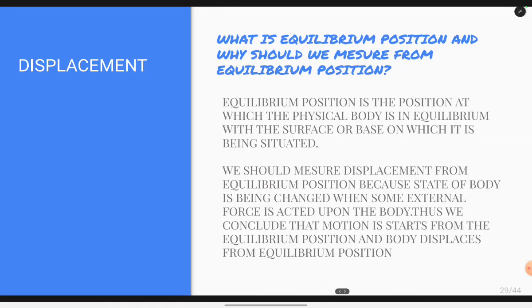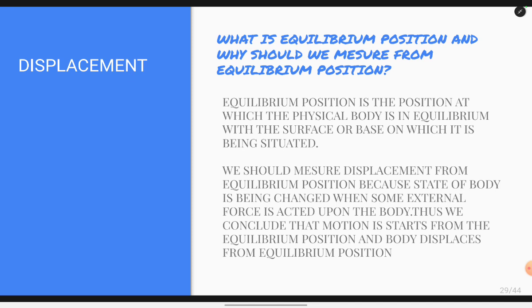What is equilibrium position and why should we measure from equilibrium position? Because equilibrium position is the position at which the physical body is in equilibrium with the surface or base on which it is situated. For example, from the mean position, the body gets deviated, the body changes its position with respect to time, then it goes into motion, meaning it is changing from rest to motion.